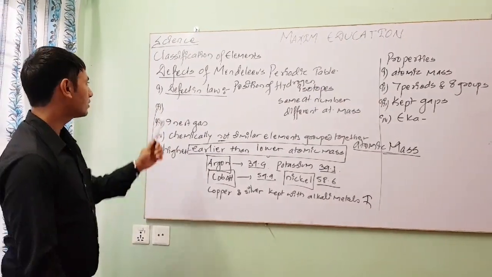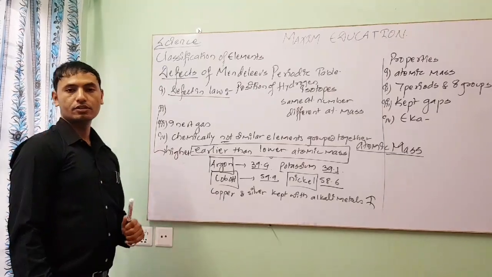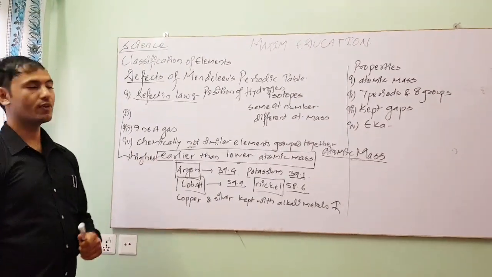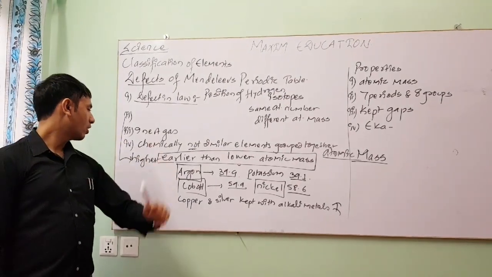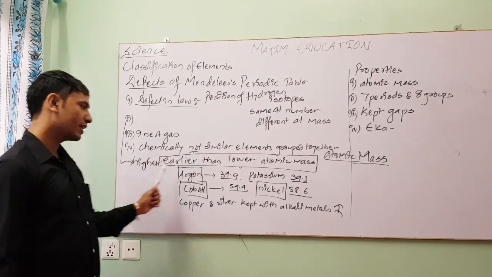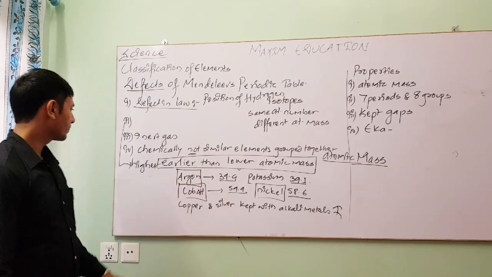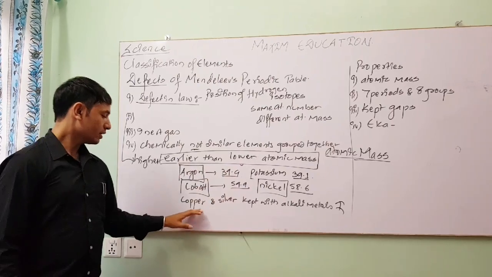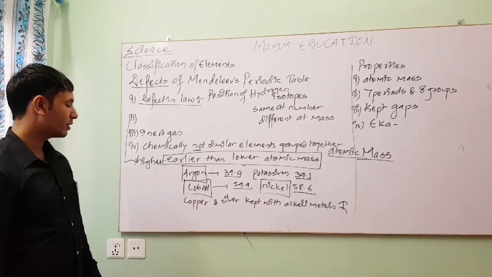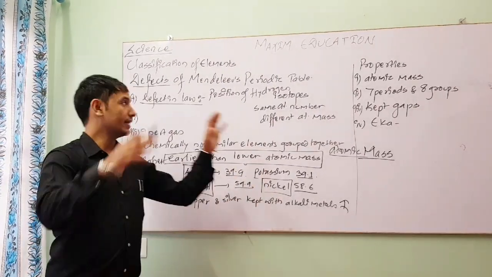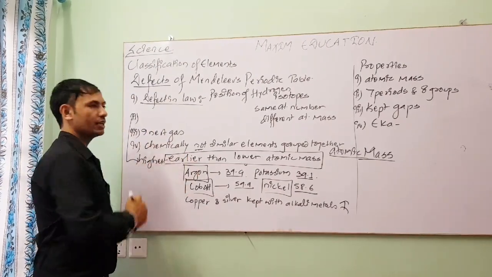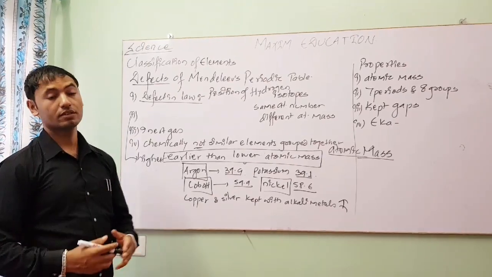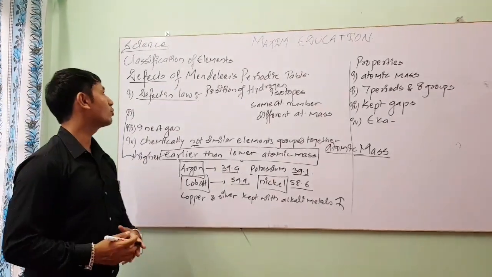The defects are: defect in law, position of isotopes, position of hydrogen not defined, elements having higher atomic mass coming earlier than elements having lower atomic mass, position of inert gas not given, and grouping of chemically dissimilar elements together. Due to these defects, it was discarded very soon, and people started to think about a different way of classifying elements.